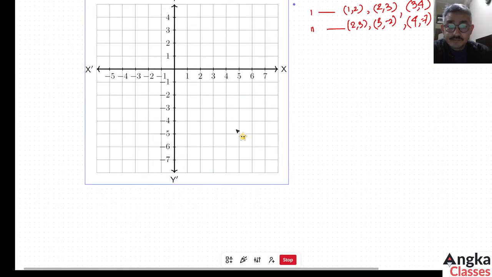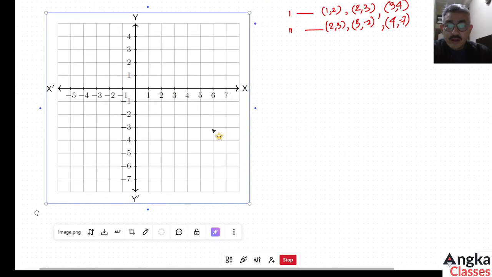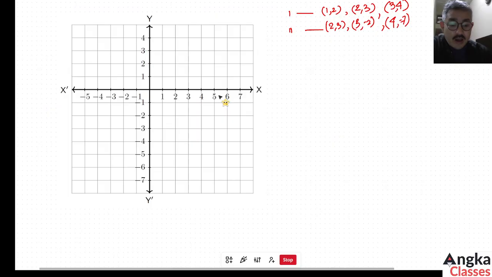Okay, so this is the graph. Now the first coordinate of equation 1 is 1, 2, so 1 on the x axis and 2 on the y axis. Similarly, for equation 1, the next point is 2, 3. The next point is 3, 4.